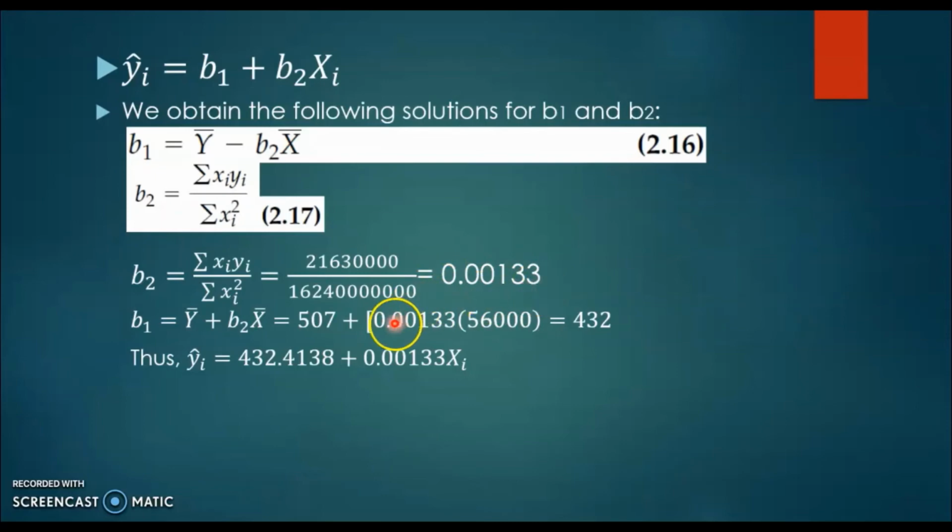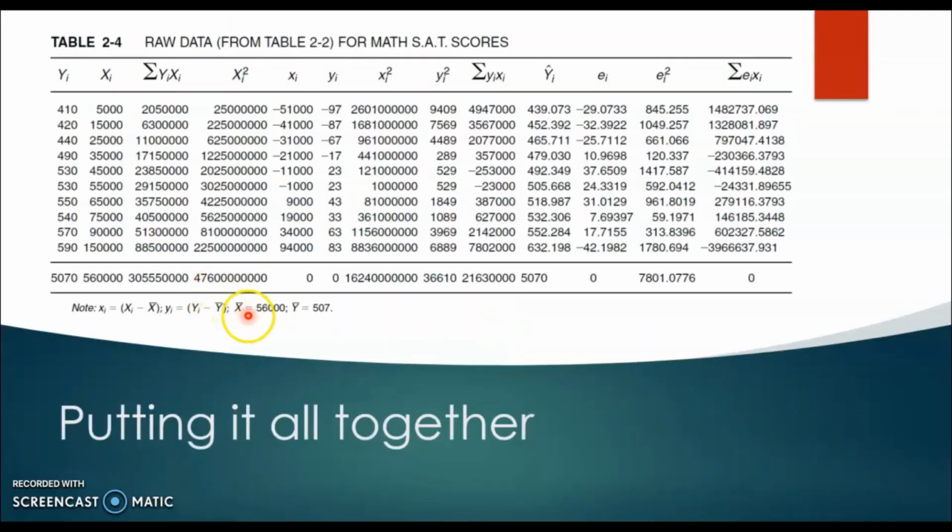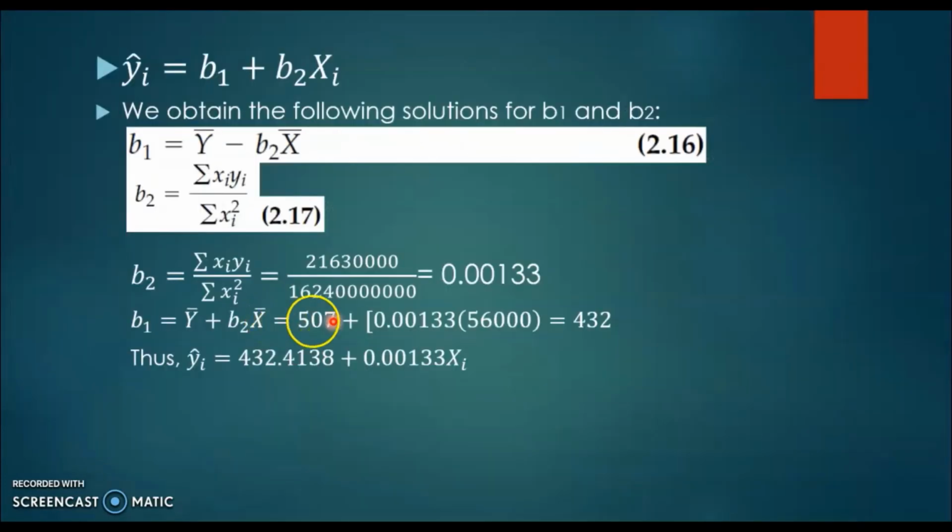It is the value for b2 times 56,000. So 56,000 is the mean value for x, based on the sample. So solving this, we have 432. That 432 is our b1, the intercept based on the function.